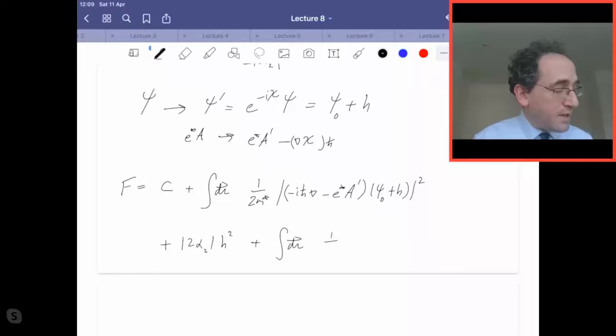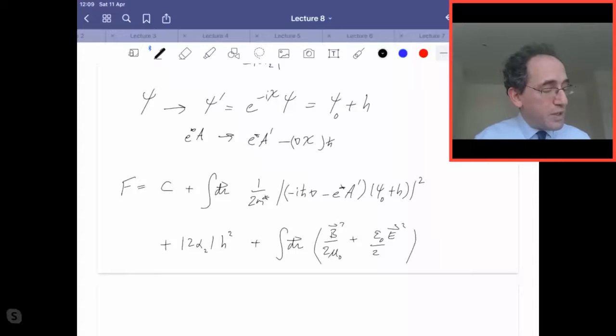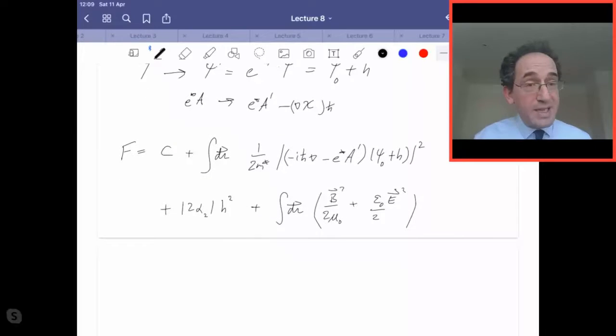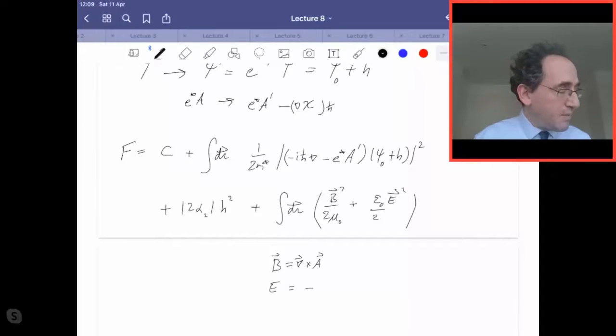They'll always look like 1 over 2 mu naught B squared plus epsilon naught over 2 E squared. But it's probably good to keep in mind that B and E are written in terms of the vector potential A, but they're also gauge-varying quantities. So in particular, B is the curl of A in either gauge, and E is minus gradient of A naught minus dt A vector.